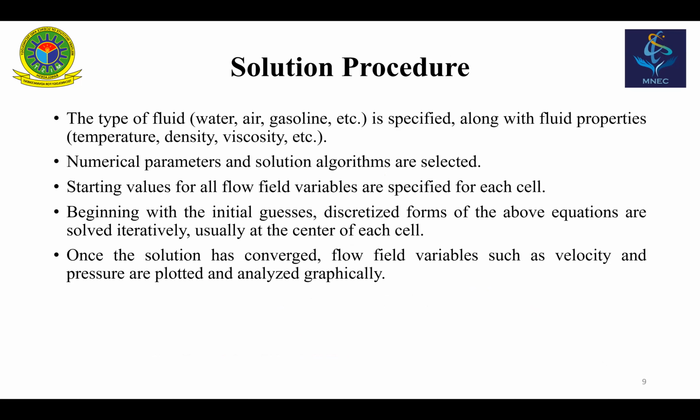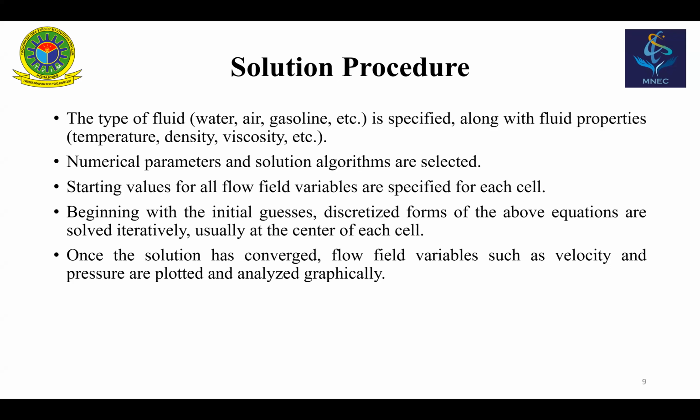In molten salt reactors, we take molten salt as a coolant, or as the fluid that is passing through the computational domain. So it depends on your requirement, and you also have to specify the fluid properties, the temperature, density, and viscosity of the fluid that is passing. And the numerical parameters and the solution algorithms are also selected.